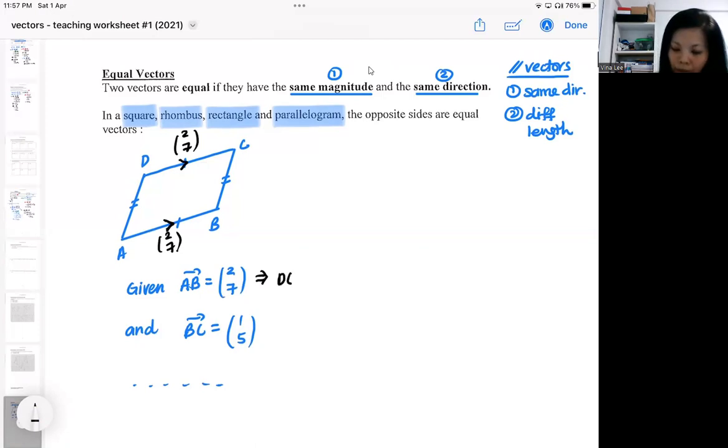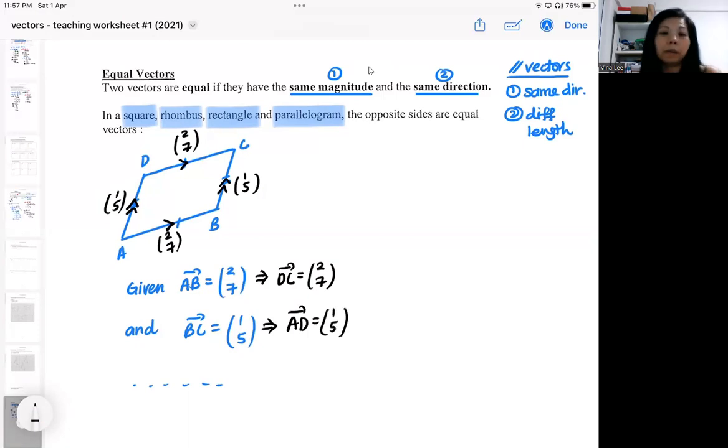So DC is also 2, 7. Same thing for the BC given to you. If they gave you BC, which is 1, 5, that means this will also be 1, 5. Because of equal vectors, this will also be 1, 5.